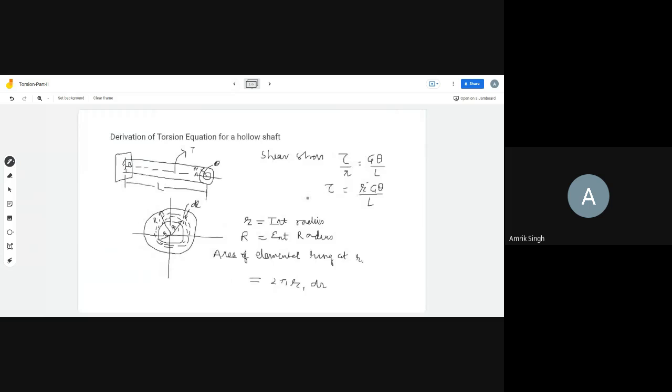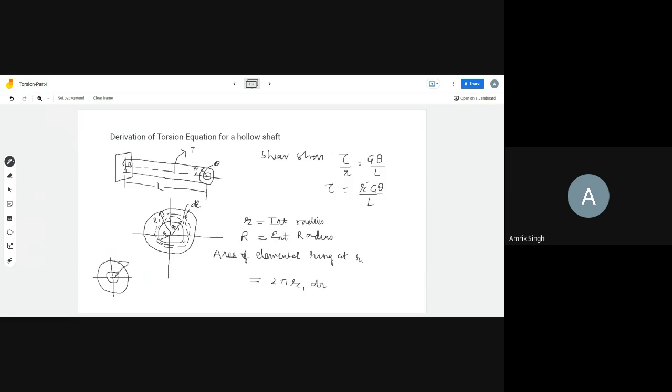We can plot this also. When we plot the shear stress, it is like this.